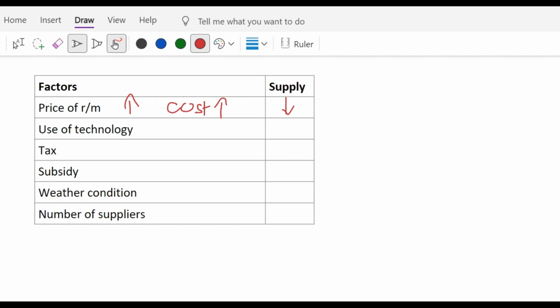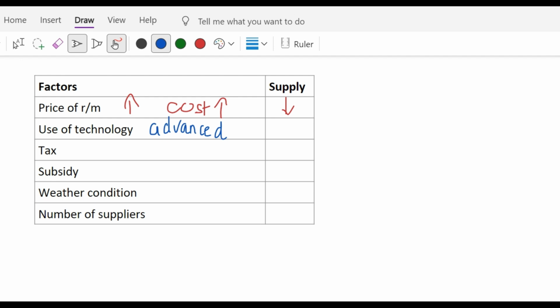Second one, use of technology. Now, let's say I'm using more advanced technology to produce chocolates. I'm using a much more automated production line in order to produce chocolates.